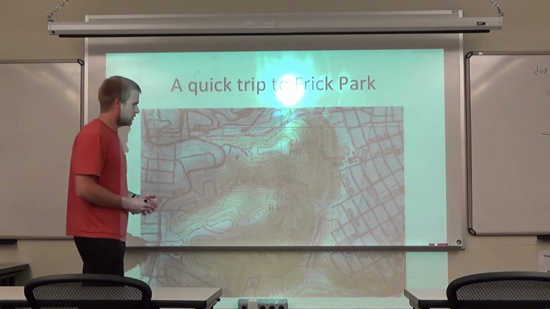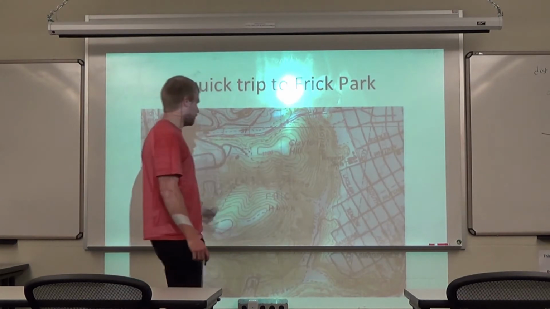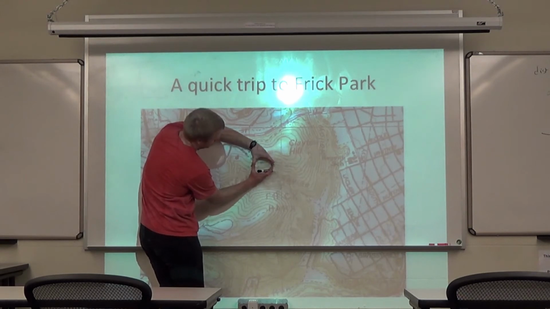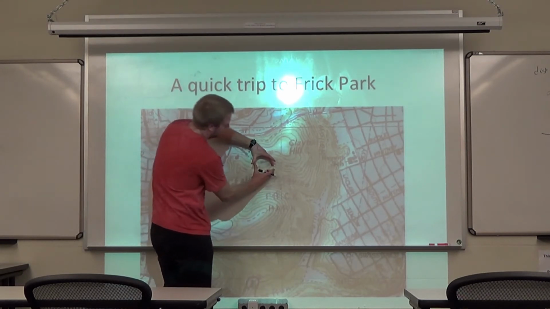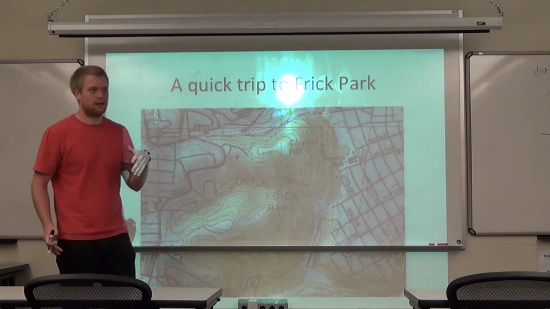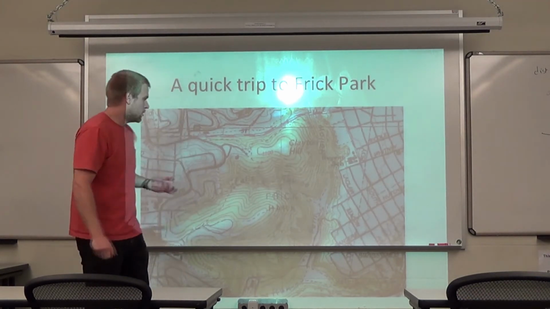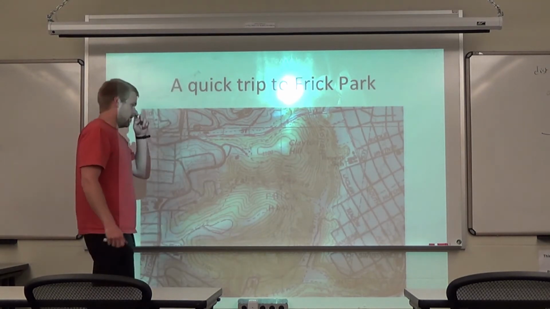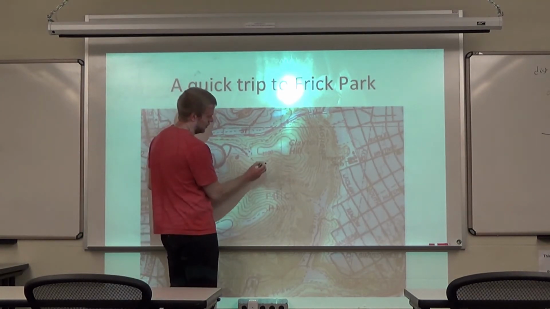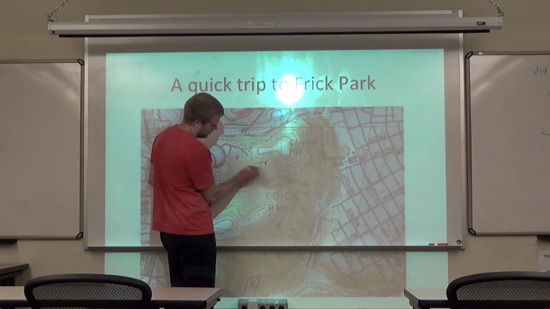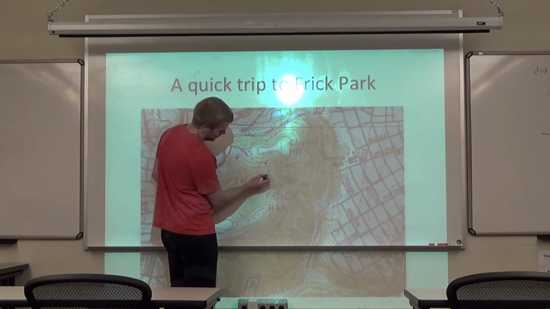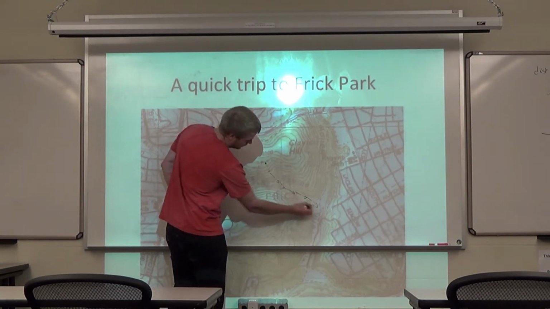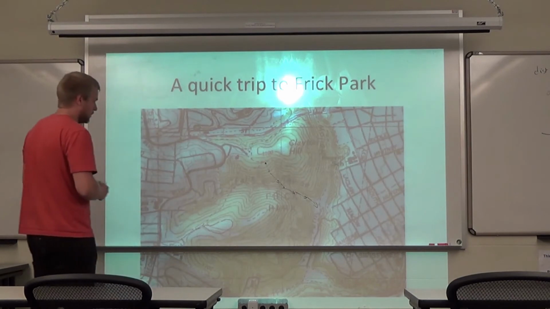If you were plopped randomly in Frick Park, right here, and you could only see around you this far, and you wanted to get to the lowest point, a good idea would be to take a step in the direction of the steepest descent, so that you are continually taking steps downward. So maybe you start here, then take a step here, and then here, and eventually you'll get lower and lower until you reach a low point.